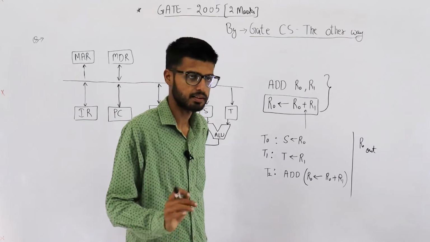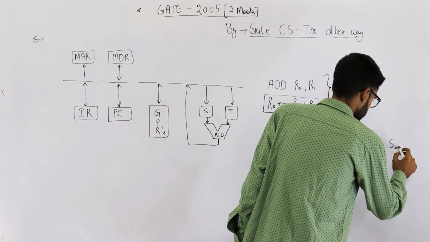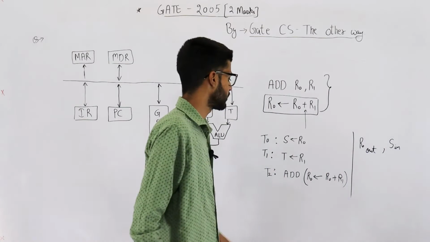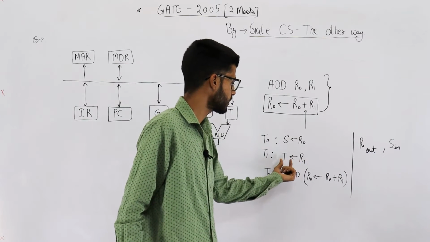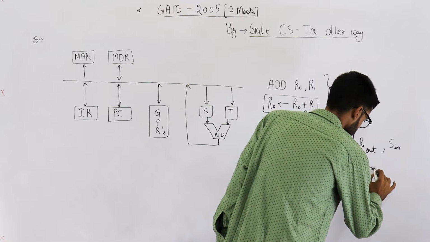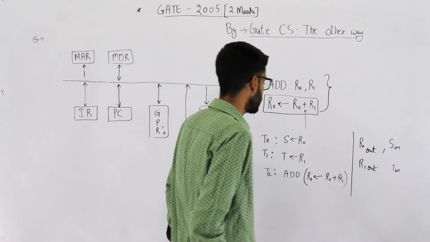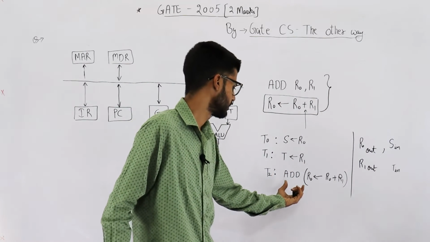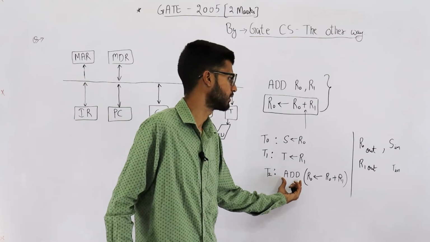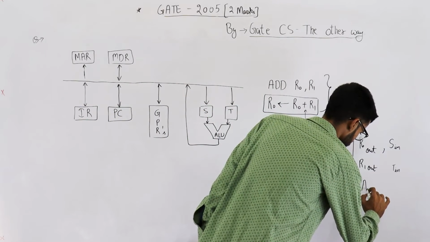That means S needs an in signal. Okay. Similarly, R1 will be out, T will be in. And simply an add signal will be generated for the ALU. You can just name it signal add.